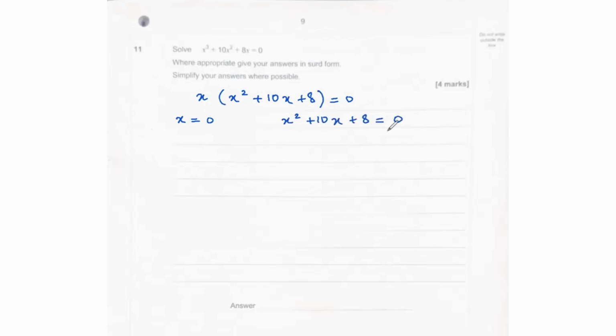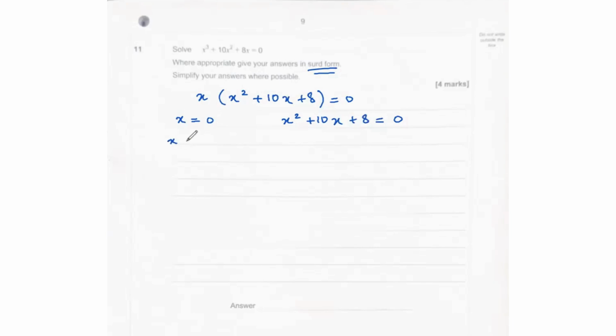Now we can see that this is a quadratic equation, so you factorize this quadratic equation to find the other values of x. You can use the quadratic formula, middle term breakage, or even completing the square, whichever method is easier for you to understand. Since the question said that where appropriate, you give your answer in surd form, I'm going to use the quadratic formula over here because middle term breakage won't give us the surd answer.